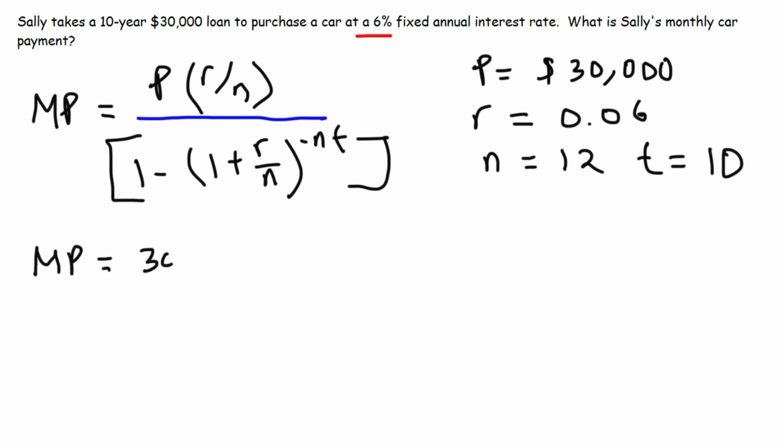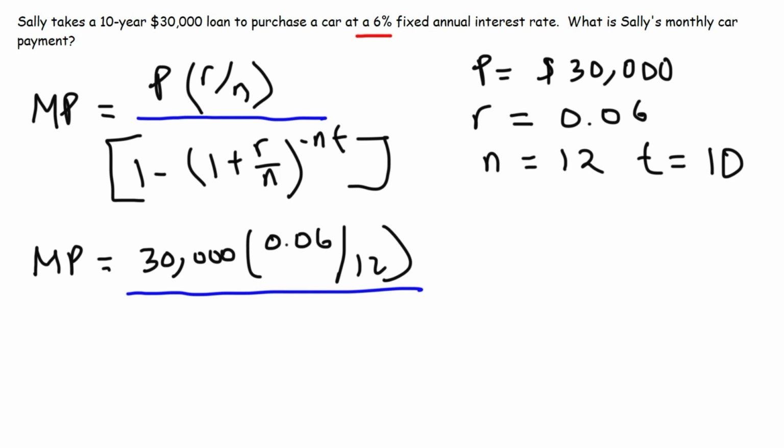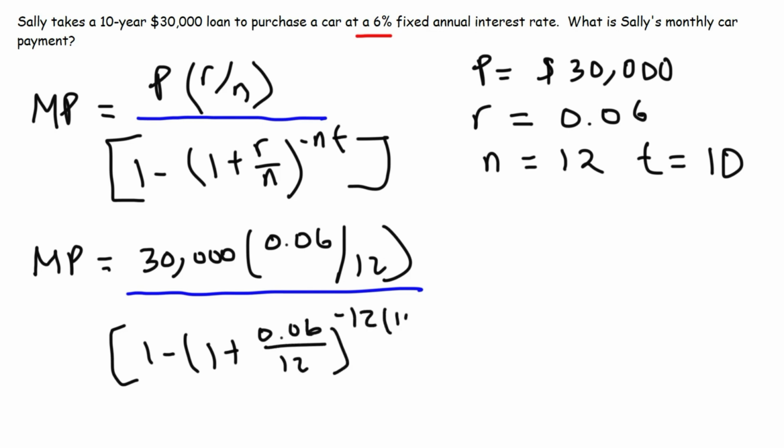So we have the principal, which is 30,000, times R over N. R is 0.06, N is 12. All divided by 1 minus 1 plus r, so r is the same, 0.06, n is 12, raised to the negative n times t, t is 10.